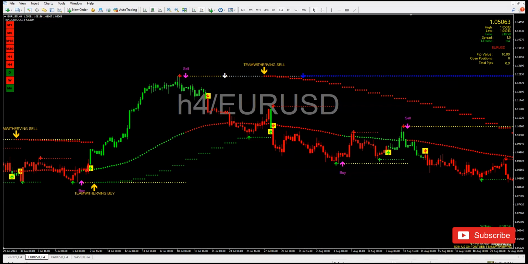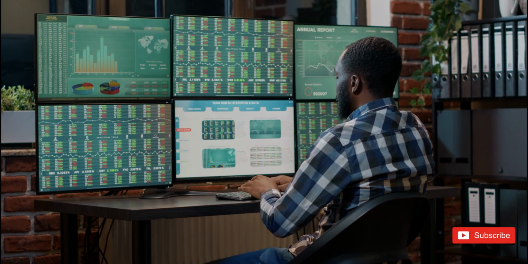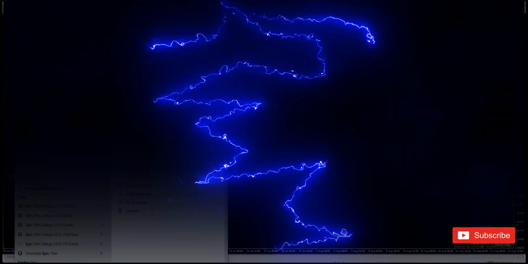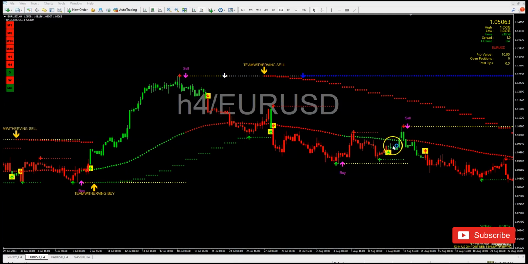So the very first thing that we're gonna be doing, guys, is looking. Let me bring the Epic Pen because it's very important, guys. Without the Epic Pen, I feel like I can't do anything about it. But the very first thing that you need to pay attention to on the market, guys, here using our multiple time frame, please pay attention to the dashboard.